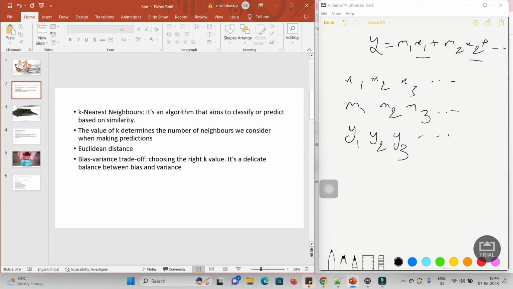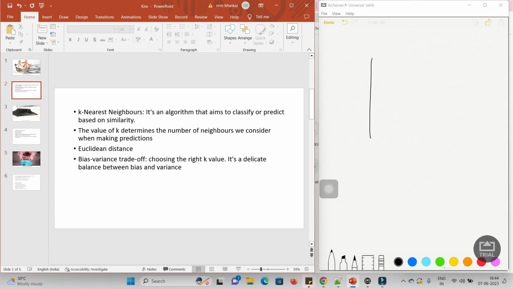Okay, so let's take a plot. Here, these are the data points. So this will be our y1, y2, y3 data points.